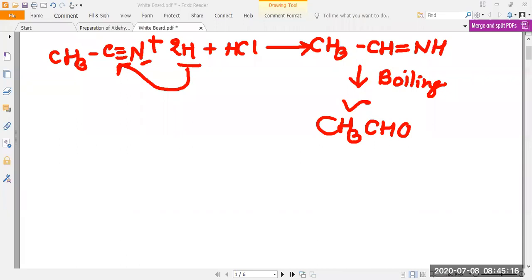Can you see this reaction? This is our compound, which reacts with 2H and HCl in the presence of dry ether. This intermediate is formed, and this intermediate is called imine. And on hydrolysis of imine, we get benzaldehyde.